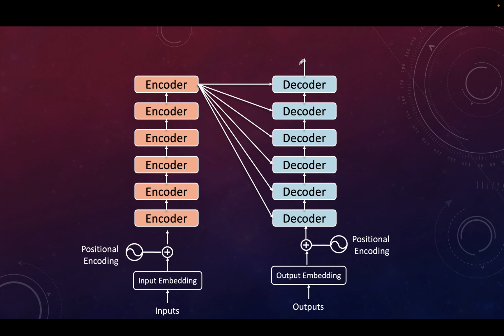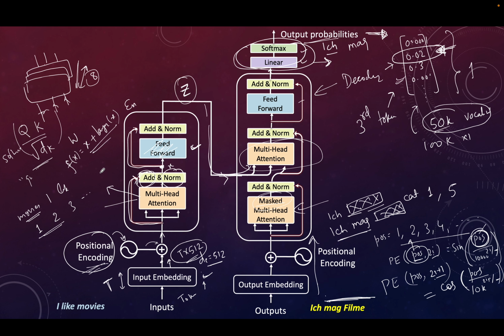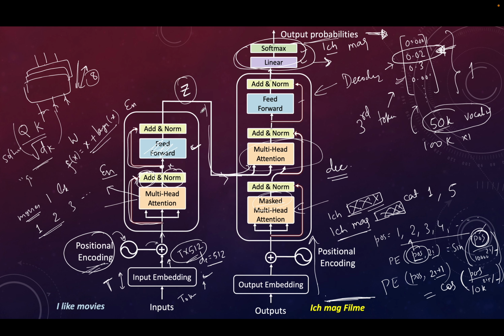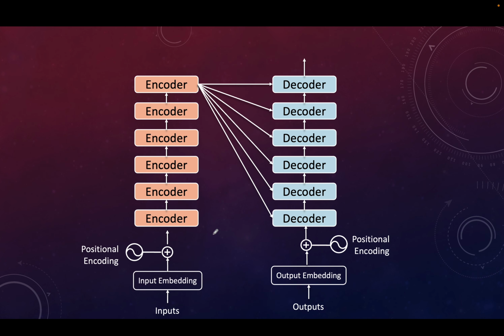Now let's see. We had only looked at one encoder block and one decoder block. But in the original paper, there were 6 such encoders and decoders. So this entire encoder and decoder will be repeated 6 times.